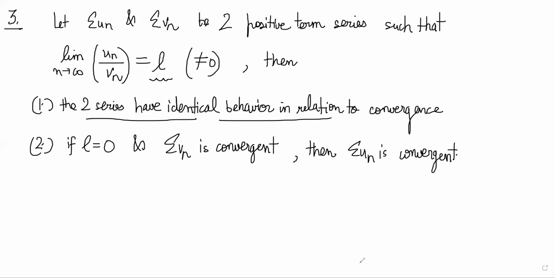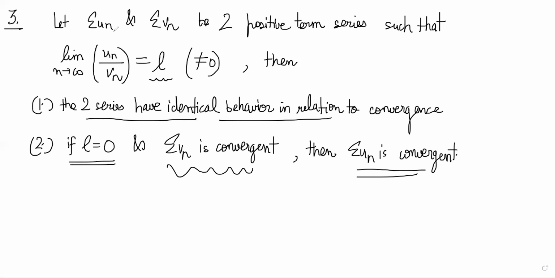If L is 0, you will say that if the denominator Vn is convergent, the numerator will also be convergent.